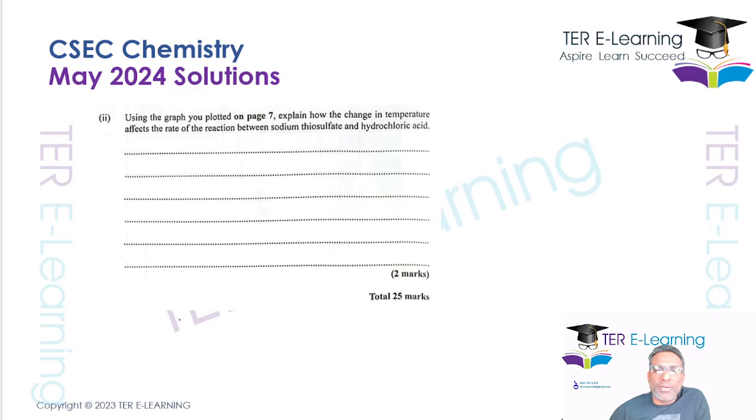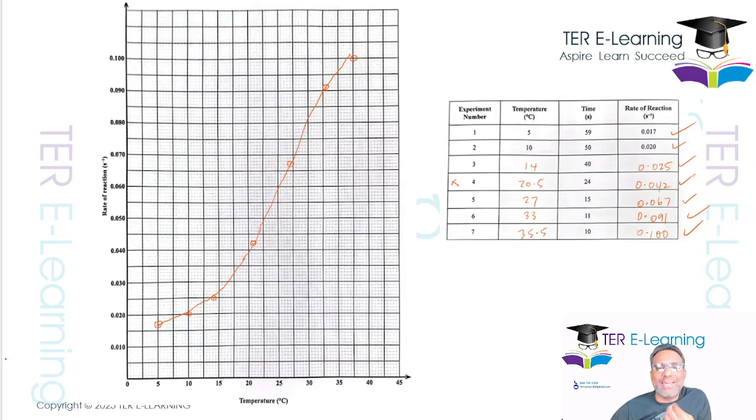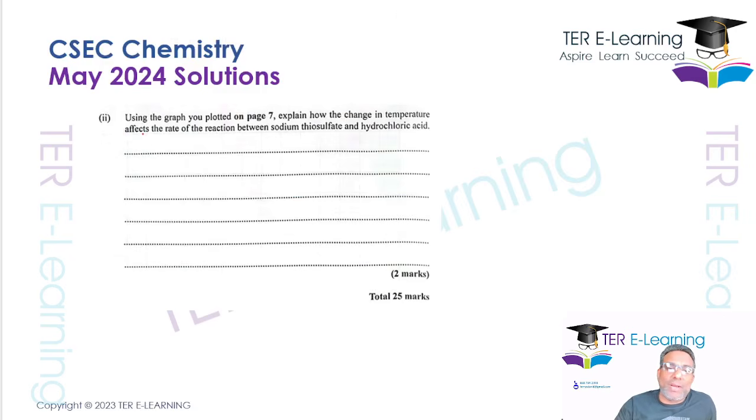Next part. Use the graph you plotted in page 7 to explain how the change in temperature affects the rate. If you notice something here, if we look at the graph, it isn't a direct relationship because it's a curve. So basically, as the temperature increases, you will notice that the rate of reaction increases. That's as much as we can say. They give us plenty of lines here, but it's only 2 marks.